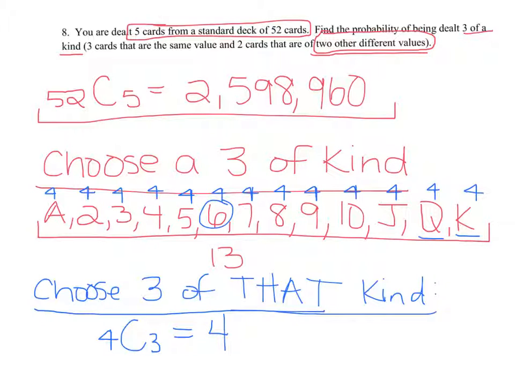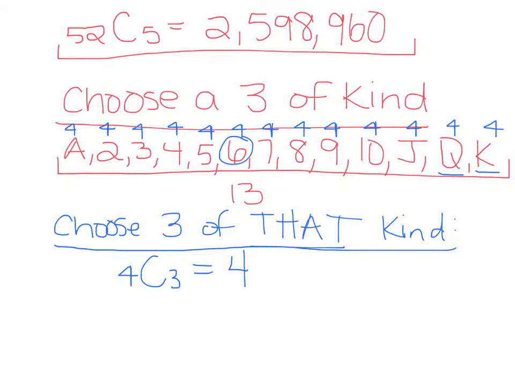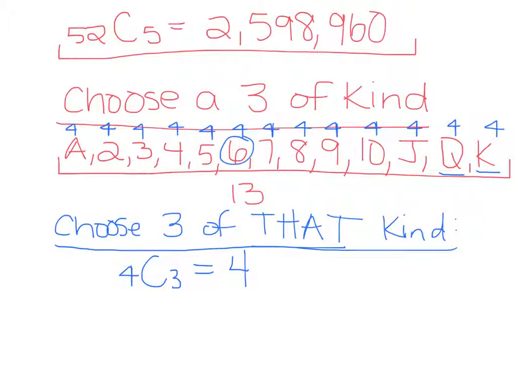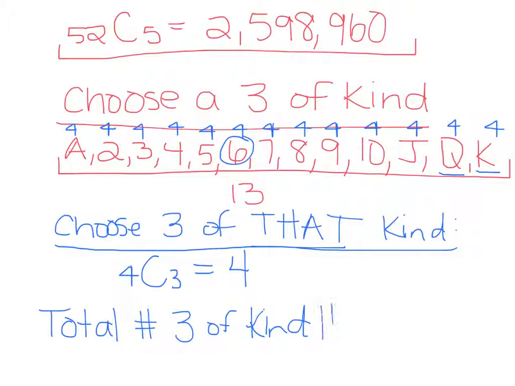To find the total number of three-of-a-kind hands that you can get from a 52 card deck, it is 13 times 4.